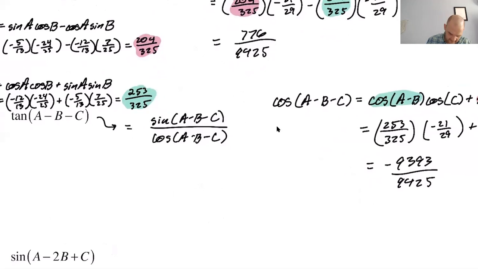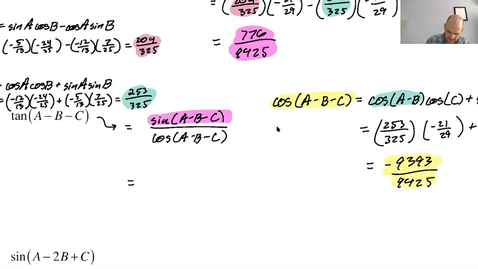So this is the sine of a minus b minus c. And then this, I don't know how this color is going to come across, is the cosine.